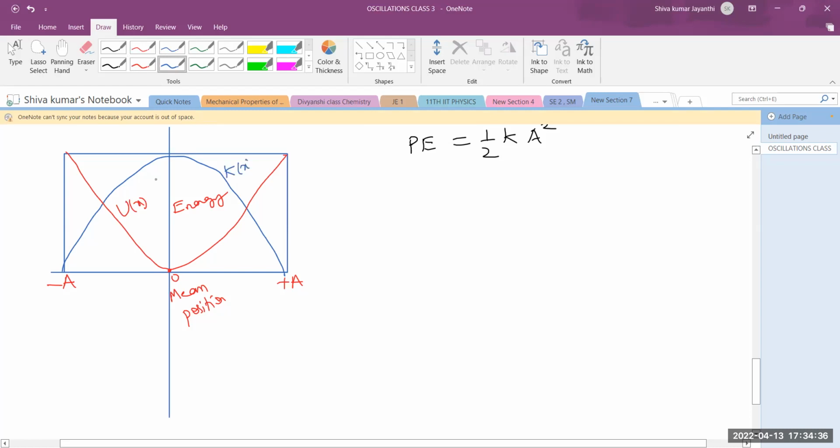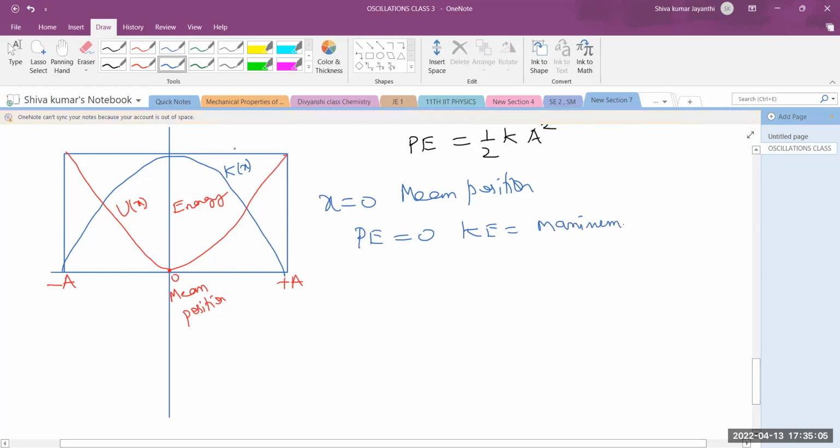So at mean position, x equal to 0, potential energy is 0 and kinetic energy is maximum.